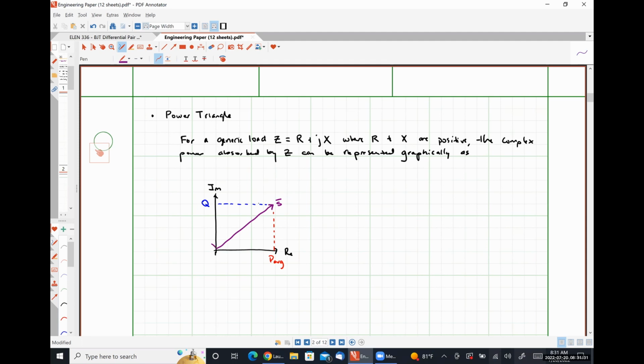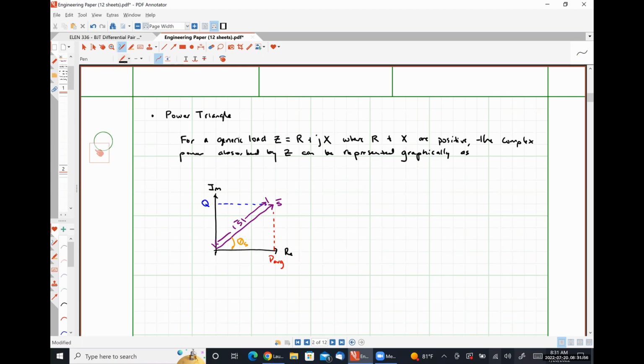The length of this 2D vector is the apparent power, and the angle formed with the real axis is the power factor angle.